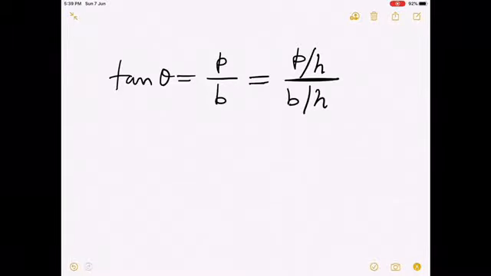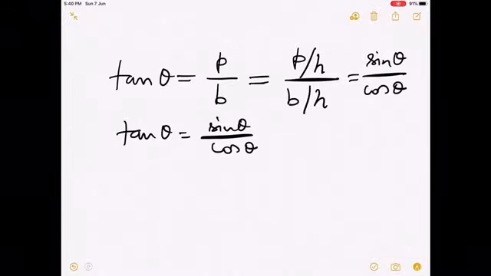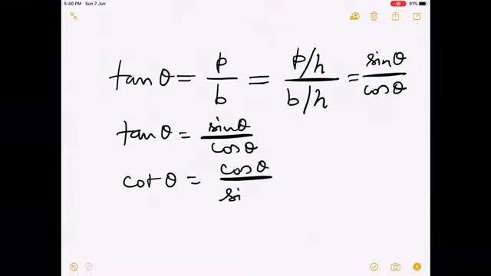So we are dividing both numerator and denominator by the hypotenuse, and we get p upon h upon b upon h. But we know p upon h is nothing but sin theta, and b upon h is nothing but cos theta. So we get this formula that tan theta is equal to sin theta upon cos theta, and same way we get cot theta is equal to cos theta upon sin theta.